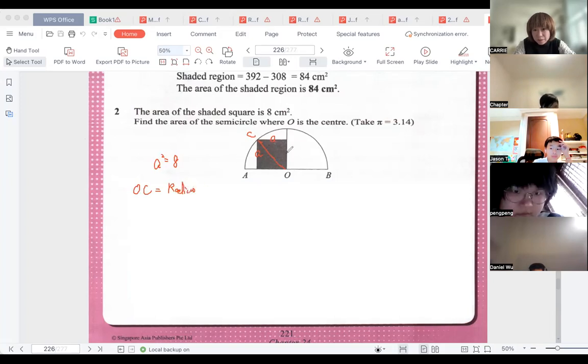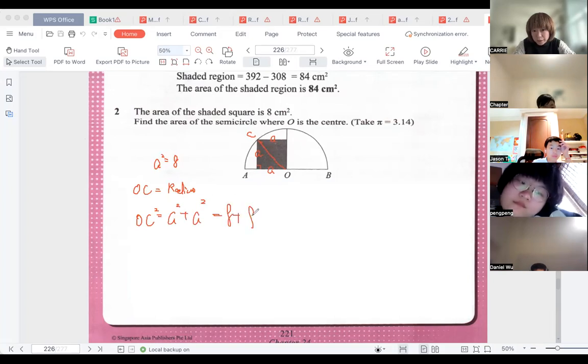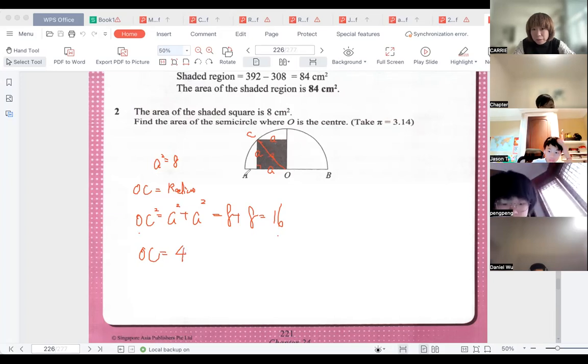Because this is a square, this must be a right angle. Using the Pythagorean theorem, how do we find OC? OC squared equals A squared plus A squared, which is 8 plus 8 equals 16. So OC equals 4. Now find the area of the semicircle.